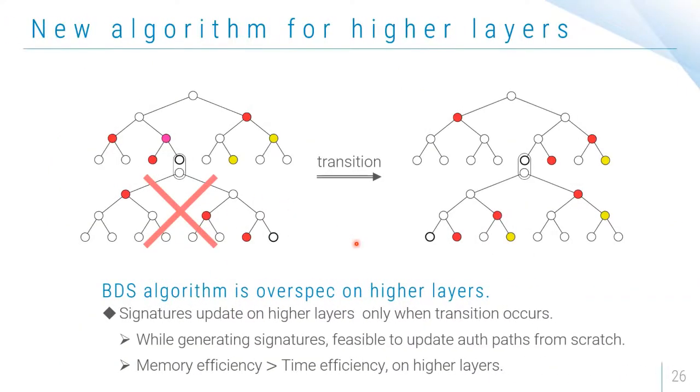We use the modified BDS algorithm on the bottom layer, but the BDS algorithm in general is of a spec on higher layers. Because signatures of trees on higher layers update only when the transition occurs on the bottom layer, while generating signatures, we can update the authentication path on higher layers.